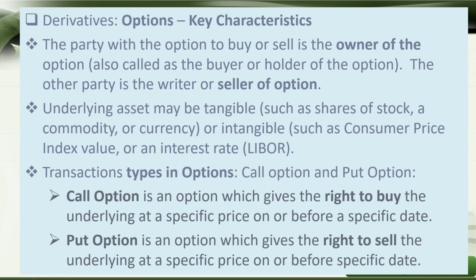If it is not profitable to exercise that, he can keep quiet. Only he loses the cost of purchasing the option, whatever the cost he paid, only that cost is lost. Similarly, put option is an option which gives the right to sell the underlying asset at a specific price on or before a specific date, but not obligatory to sell.